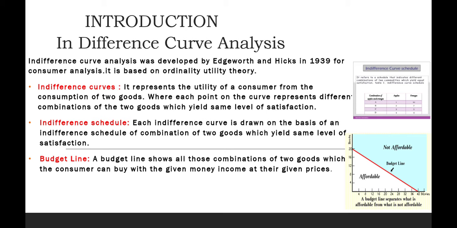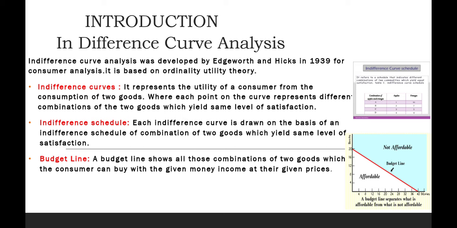Now, what is an indifference schedule? It is a table of various combinations of two goods which yield the same level of satisfaction. Then we have the budget line. The budget line is nothing but the purchasing power of the consumer. It tells you all those combinations of two goods that the consumer can buy with given income and given prices. In the diagram, the red line is called the budget line.